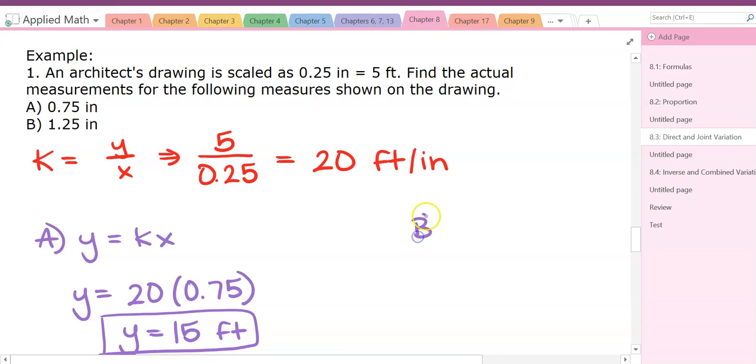Okay, you guys do B. What is the actual length going to be if it's 1.25 inches?